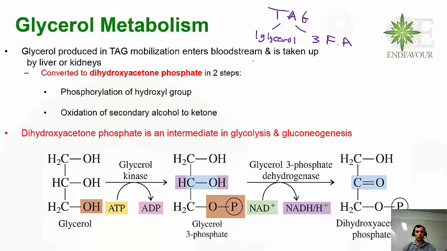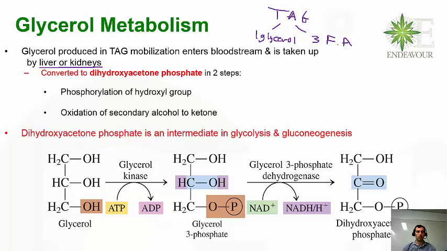So we'll have the glycerol being taken up by the liver or the kidneys, because these are the organs that have the capacity to convert glycerol into something that can be used to derive energy.